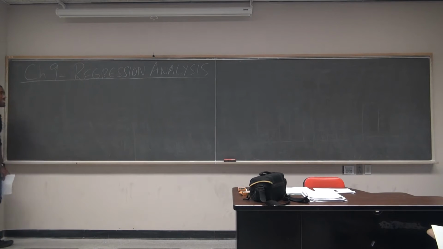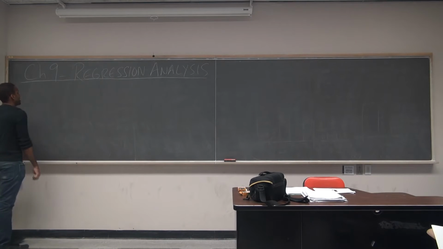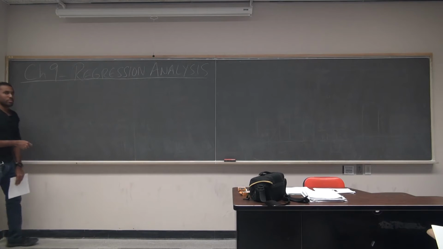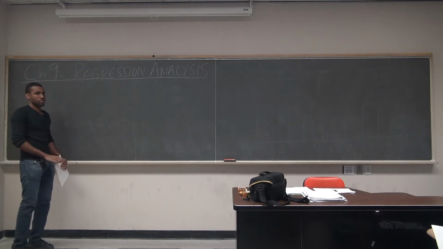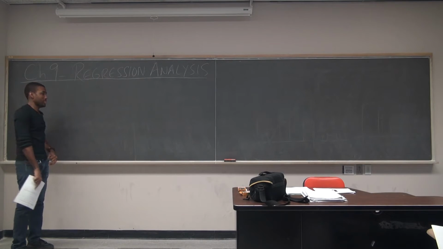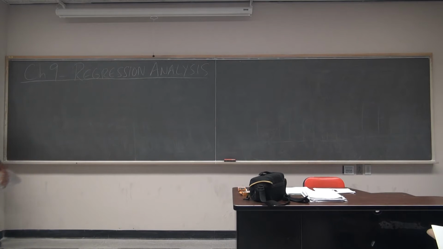Wait, I thought CUNY doesn't follow that system. Apparently you have to fail a certain percentage of students. Is there anyone who follows that system? I don't know what you're talking about.